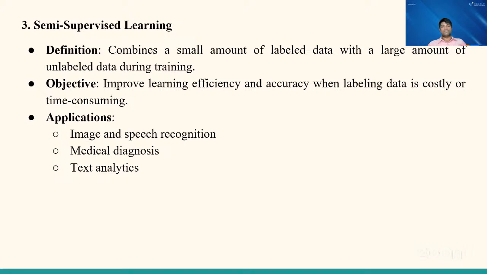Now semi-supervised, that's what I was about to tell you. Semi-supervised is mostly not shown when we talk about different types of machine learning, but I feel it should also be considered. Why? Because if you have some unlabeled and some labeled data, you have to combine them to process data like image data, speech recognition, medical diagnosis data, and text analytics. All of these come under semi-supervised.